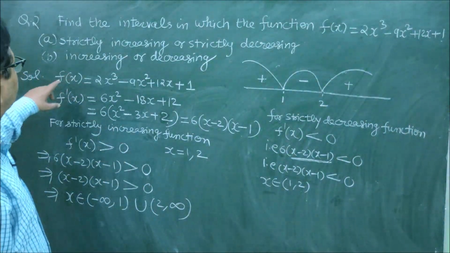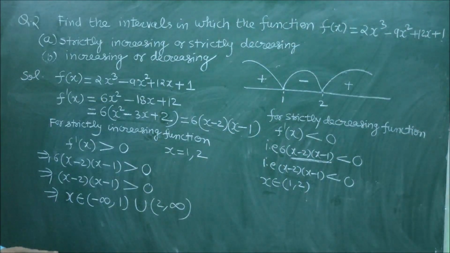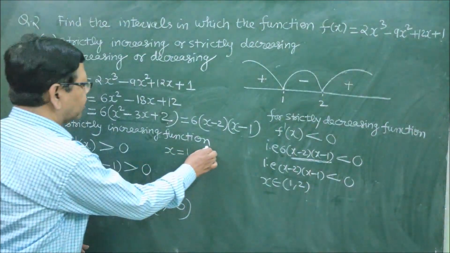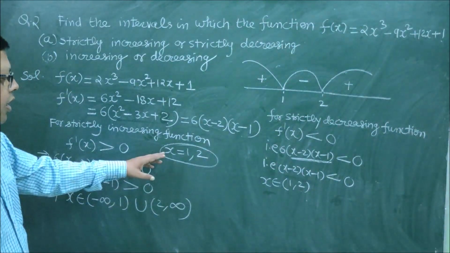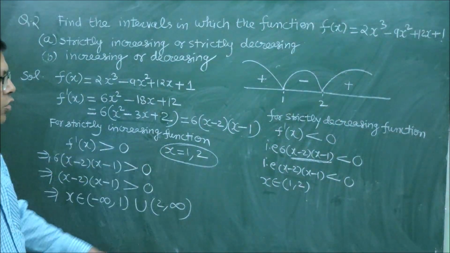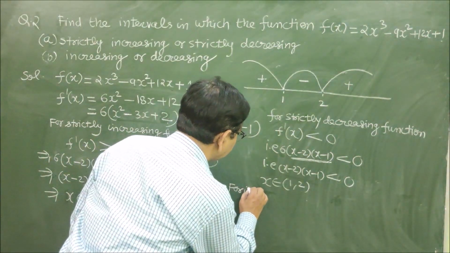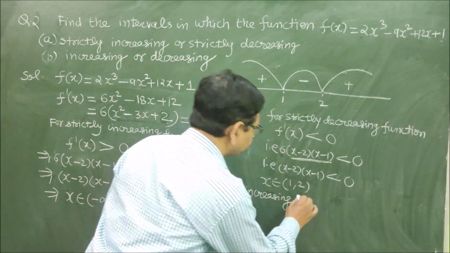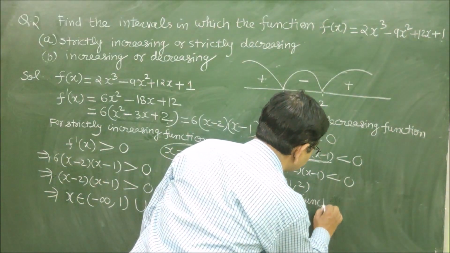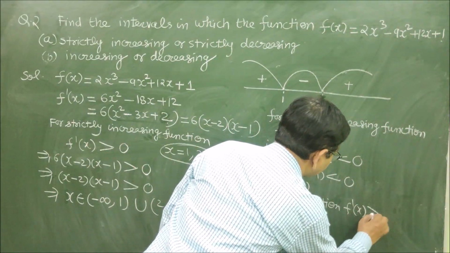Now the second part, increasing or decreasing function. So for increasing or decreasing function, these points x is equal to 1 and 2 will also be taken into consideration, because for increasing function the condition is f dash x should be greater than or equal to 0.